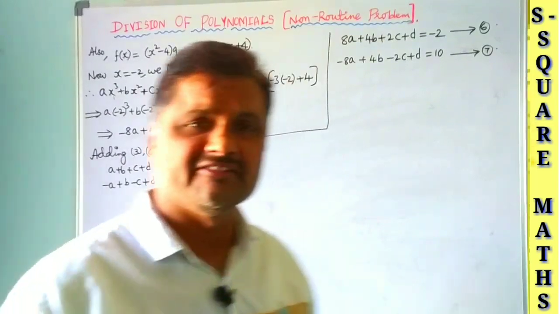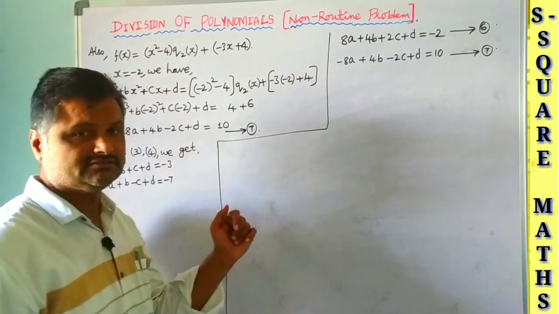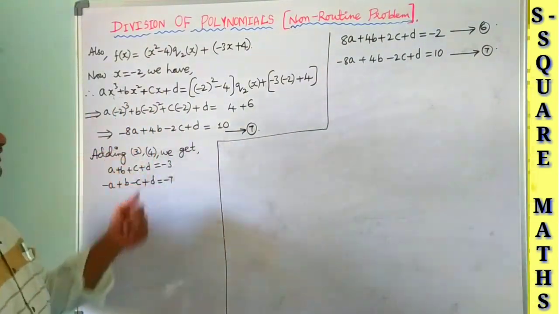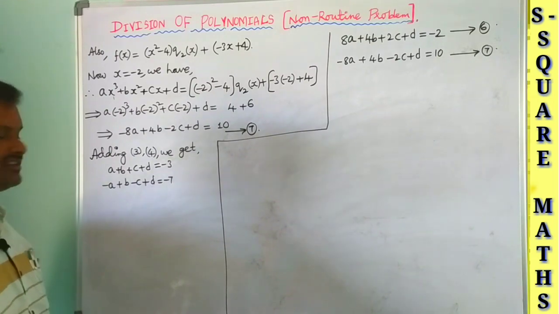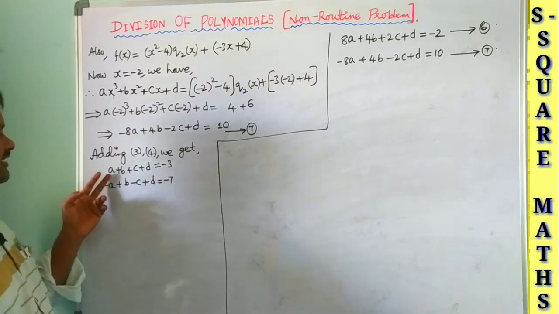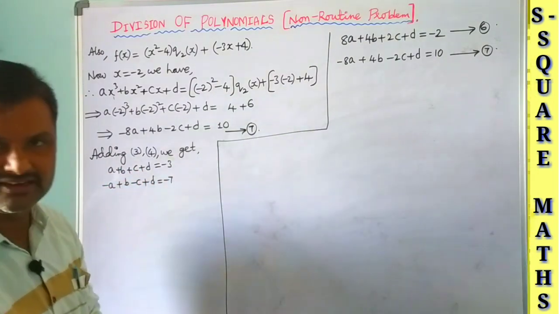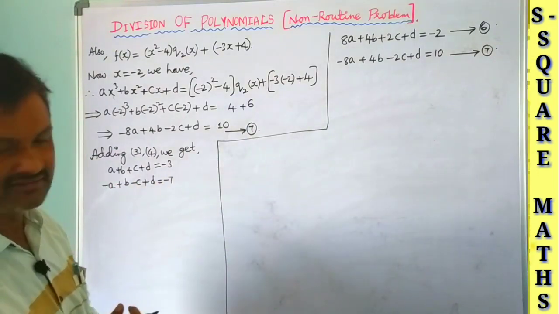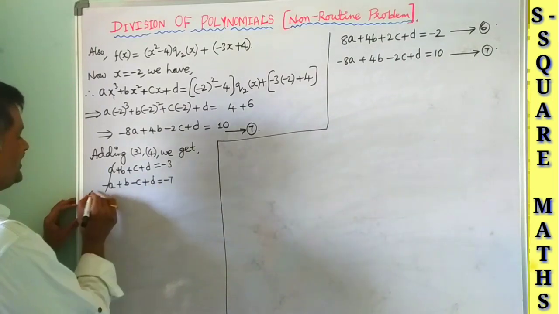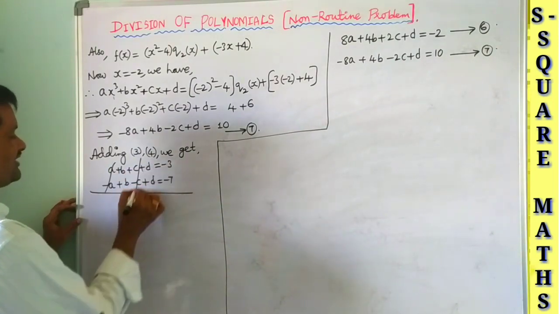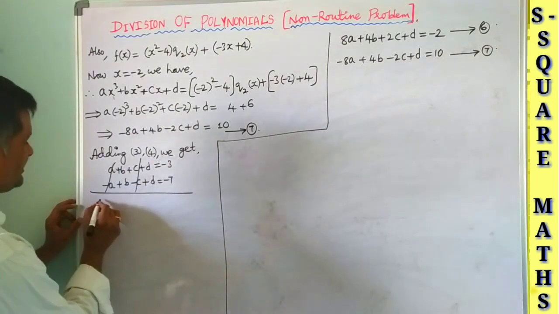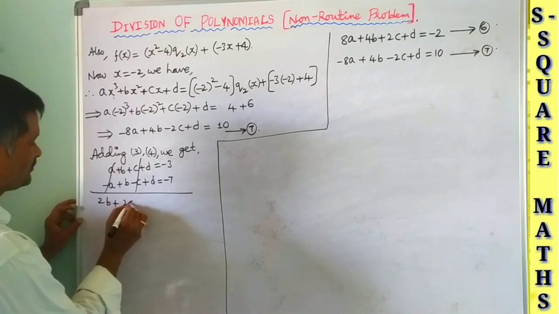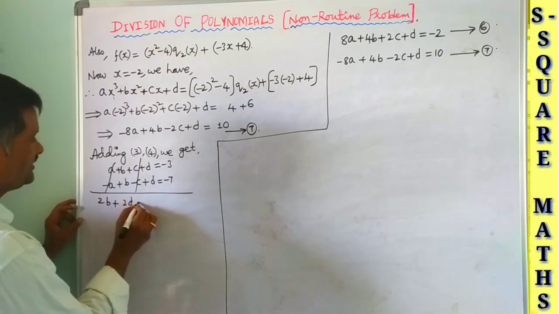So after getting the seventh equation here, consider our third and fourth equations previously what we have done. So third and fourth equations are a plus b plus c plus d is equal to minus 3 and minus a plus b minus c plus d is equal to minus 7. So adding here we are going to get plus c and minus c is 0, b plus b is 2b and here it is 2d is equal to minus 10.